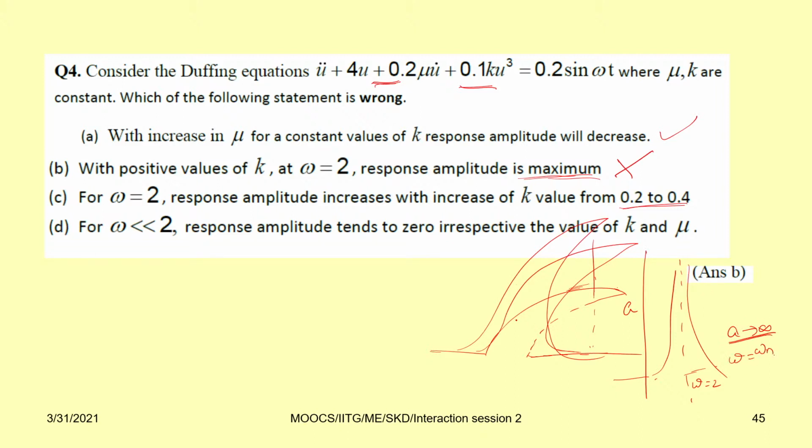But for a nonlinear system, as it is bending towards right or left depending on the hardening or softening effect, the maximum will not occur at omega equal to 2, but away towards the right if it is a hardening type of response, and towards the left if it is a softening type of response. For omega very less than 2, the response amplitude tends to 0, and this side also 0, so this is also correct. So these three options are correct and this option is not correct.